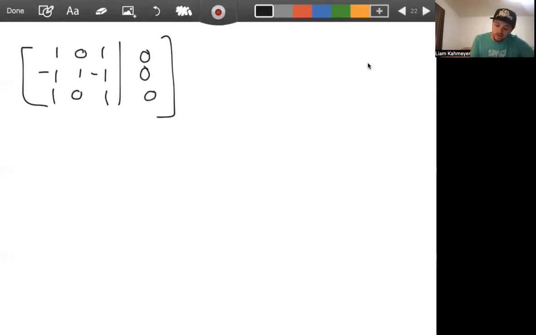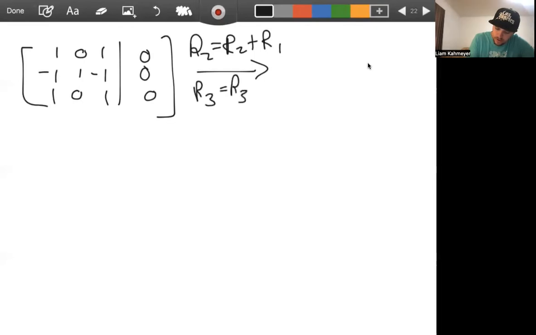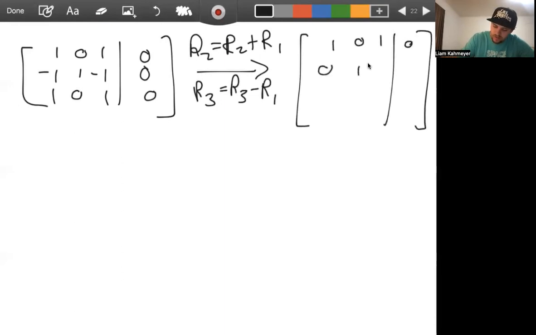You can put this into reduced row echelon form in one step here. If row 2 is equal to row 2 plus row 1, and then row 3 is equal to row 3 minus row 1, then you're getting 1, 0, 1, 0, 0, 1, 0, 0, 0, 0, 0, 0, right?